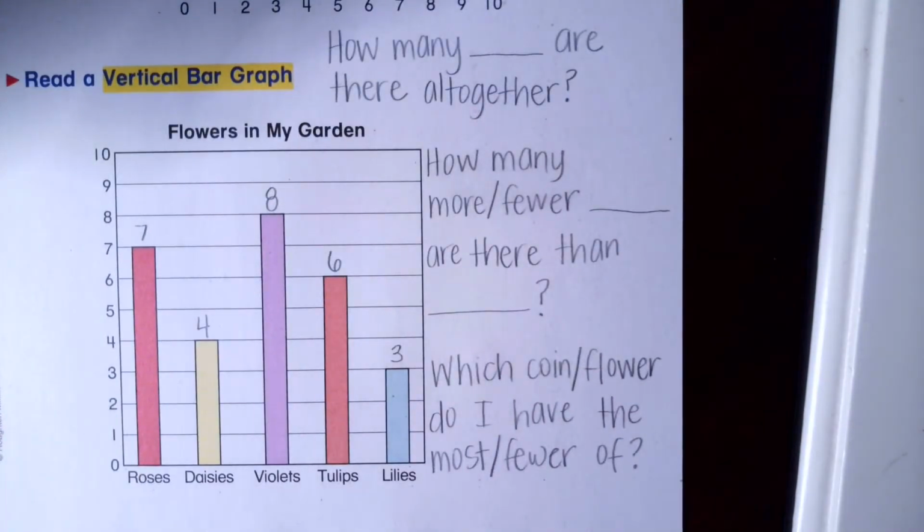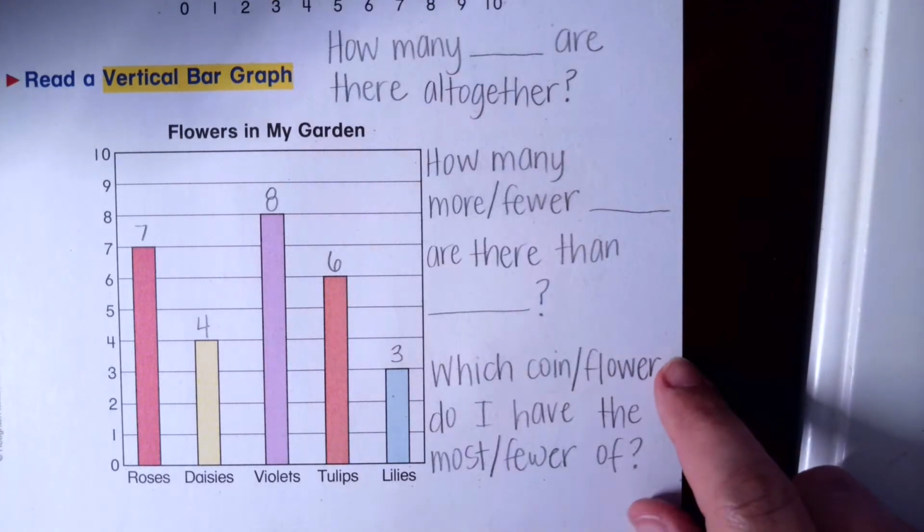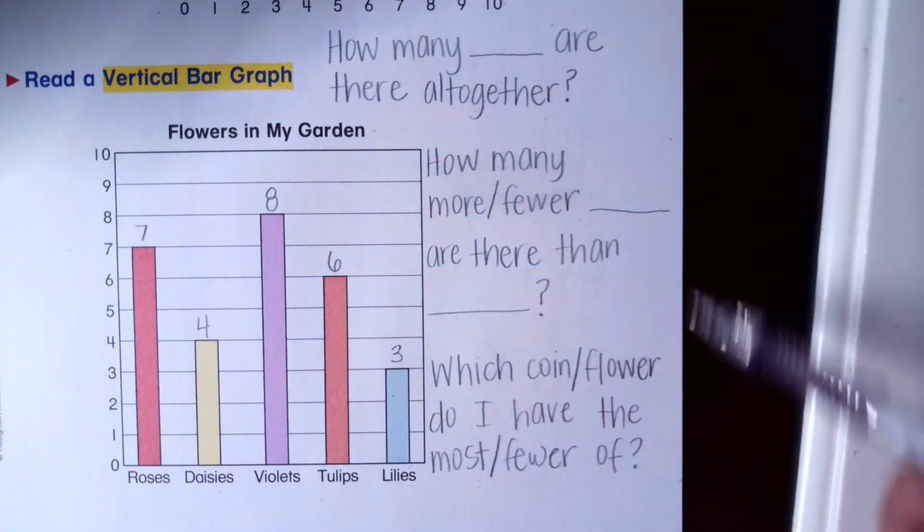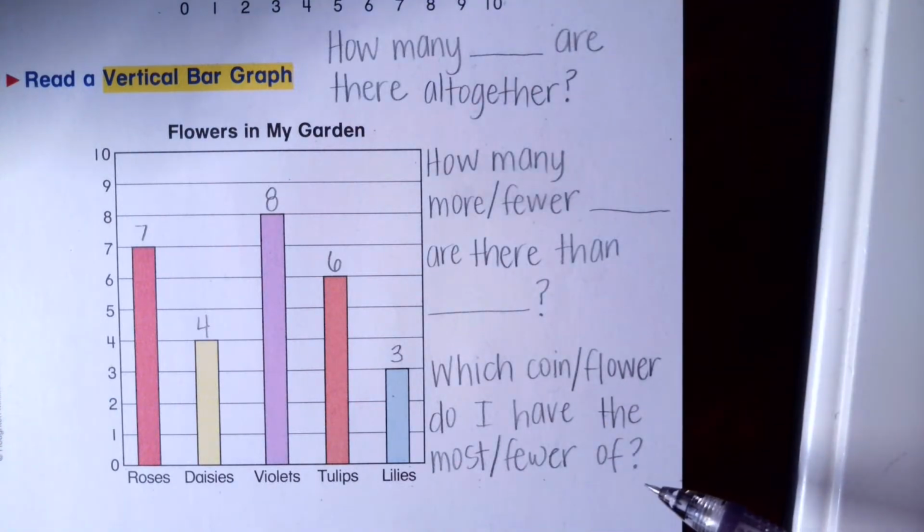Okay, those are some good ones. You can say which 2 coins or which 2 types of coins have the same amount, which 2 types of coins would need to equal another amount. So here are just some different sentence frames. These are probably the most common.